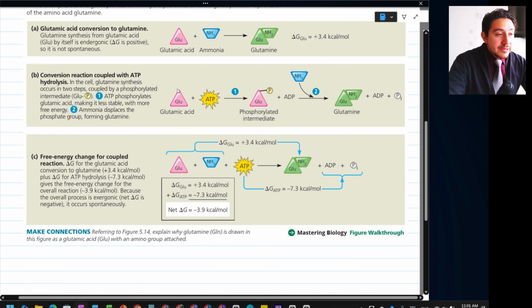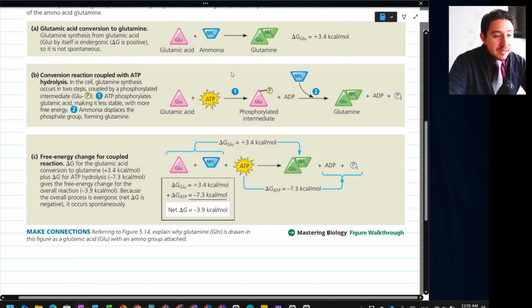The conversion reaction, you have it now coupled with ATP hydrolysis. So now looking at it coupled together, let's take a look. It says in a cell, glutamine synthesis occurs in two steps, coupled by a phosphorylated intermediate.